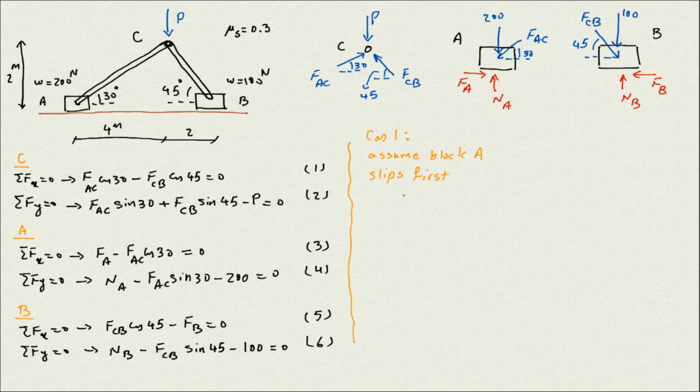Then we know that FB is not at the verge of motion, we don't know how much FB is going to be, but FA is on the verge of motion, so it's going to be mu S times NA. With mu being 0.3, it's going to give us FA equals 0.3 NA, which is basically equation number 7.